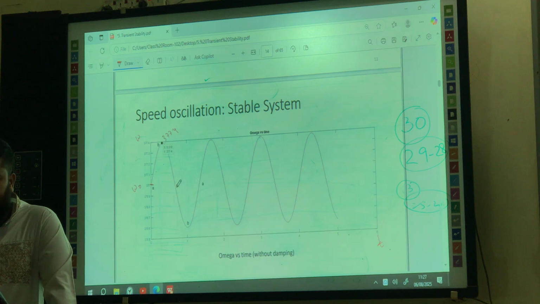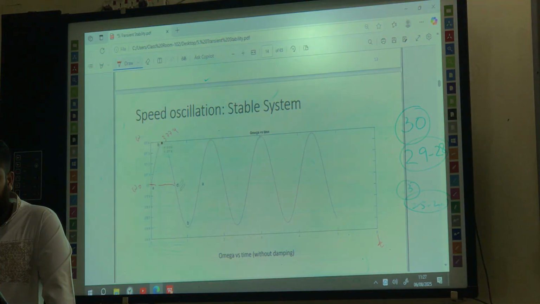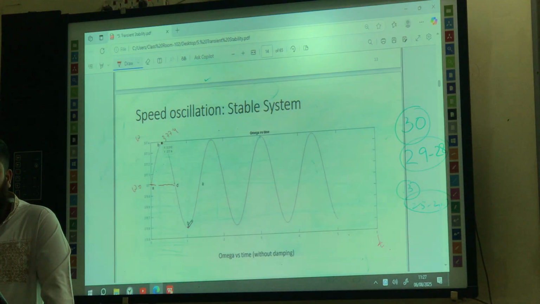Then from D it will decrease again, and D will again be equal to omega naught. Then from D to B it will come to some lower value, let's say 376.6, because this is marginally stable. So this will be the center point, and this omega versus T curve will swing back and forth continuously.